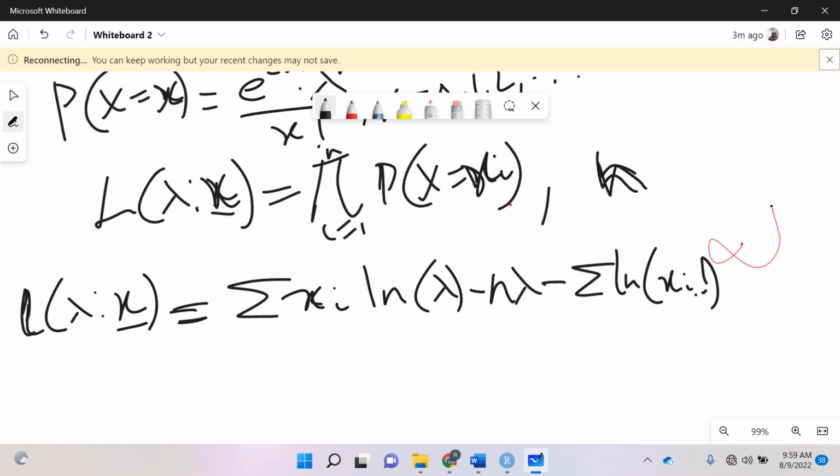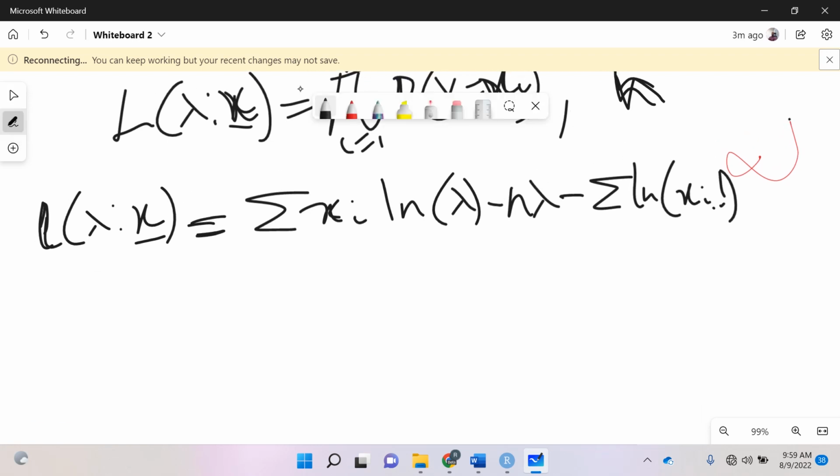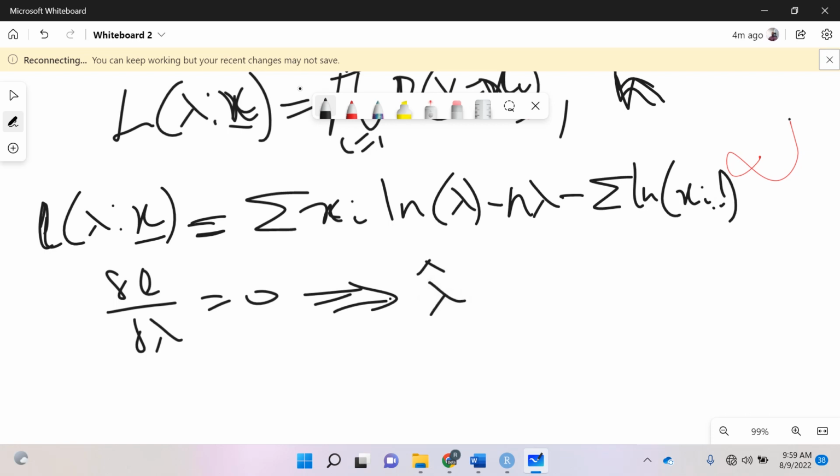what you'll be interested in is that once you have your log likelihood, you find the partial differential of L with respect to, in this case, lambda. Then you set it to 0 and solve for lambda, which will give you something like x bar.